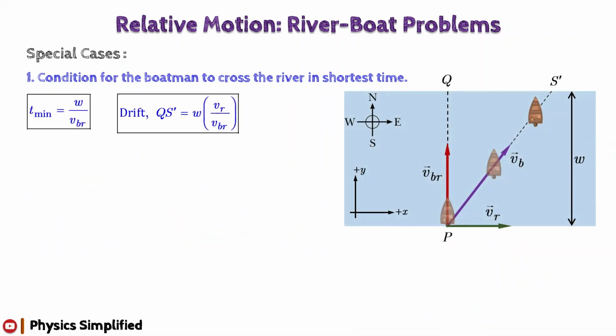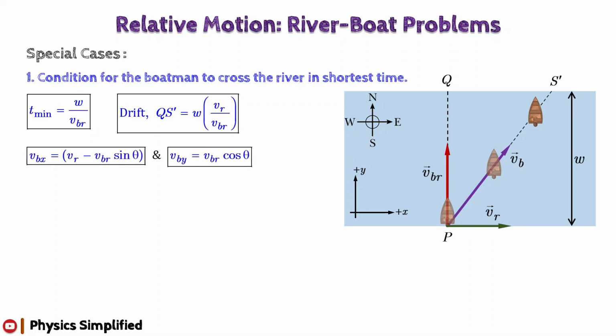Let us now calculate the magnitude of the absolute velocity of the boatman under this condition. From our previous calculations, we obtained the x and y components of the absolute velocity of a boatman in a flowing river as v suffix bx is equal to v suffix r minus v suffix br sin theta and v suffix by is equal to v suffix br cos theta.